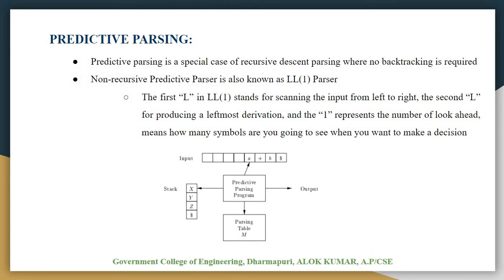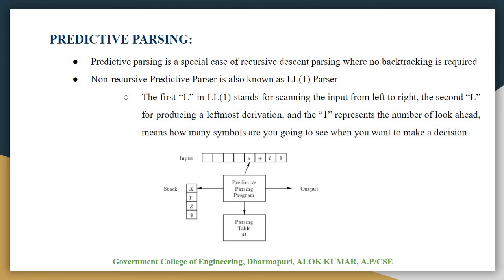So by checking only a single symbol we can check whether the parser is going to accept that input or not. With this algorithm or program we can check that.